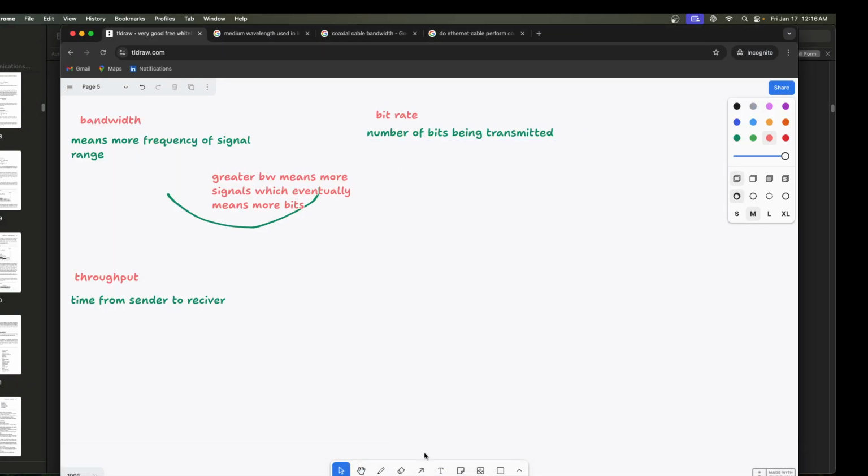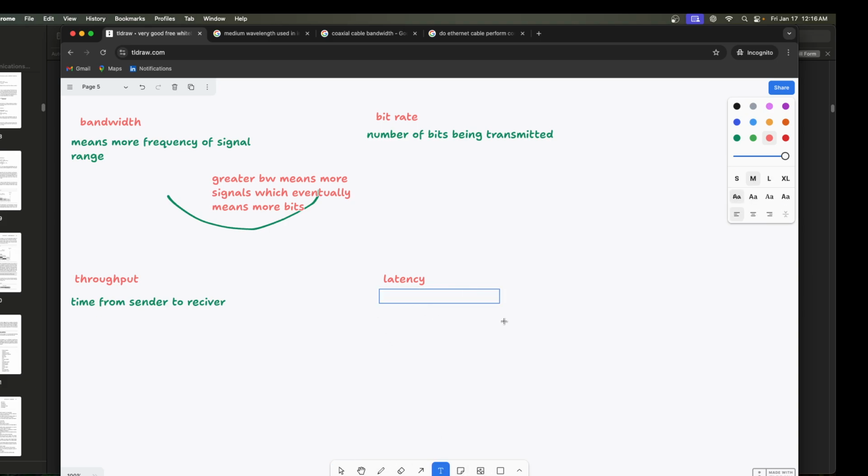So you see latency: the time taken for a message to completely deliver, or basically the time before sending the acknowledgement.